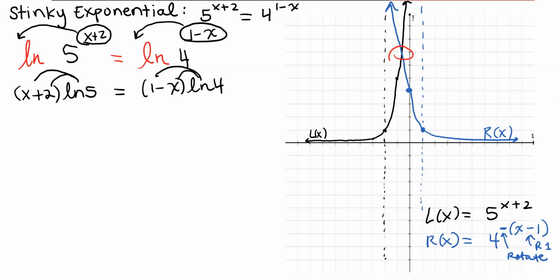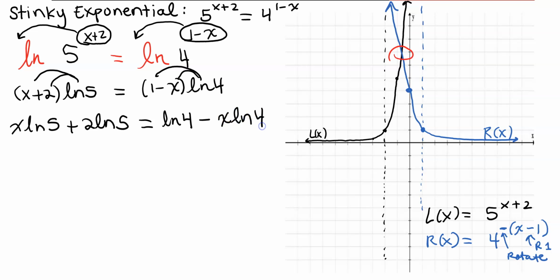That's just the logical steps for solving for x. So ln of 5 times x is x ln 5, and then ln of 5 times 2 is 2 ln of 5 is equal to ln of 4 times 1 is ln of 4 minus ln of 4 times x is x ln of 4.